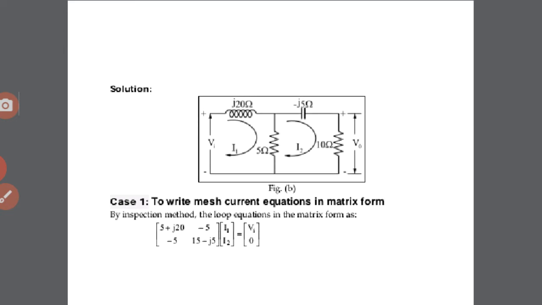In that, the self impedance for loop 1 is 5 ohms plus j20 ohms, that is 5 plus j20. Between loop 1 and loop 2, the mutual impedance is minus 5 ohms.